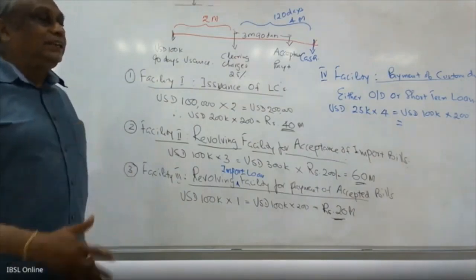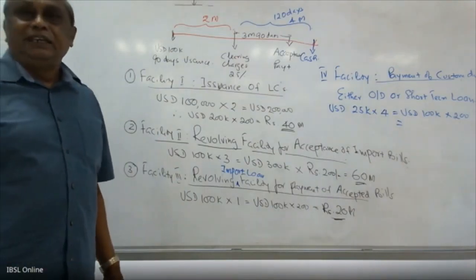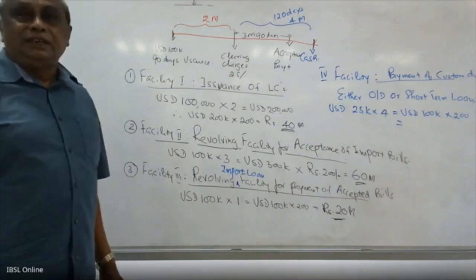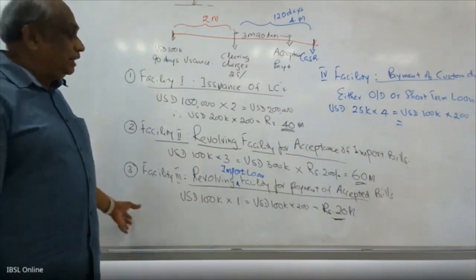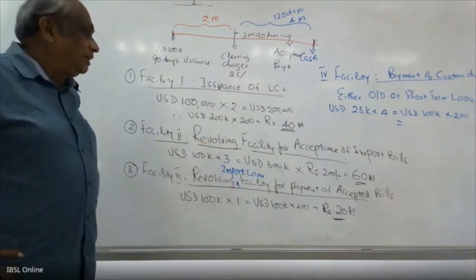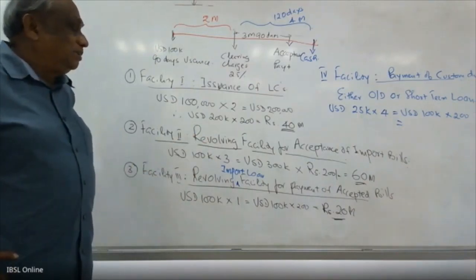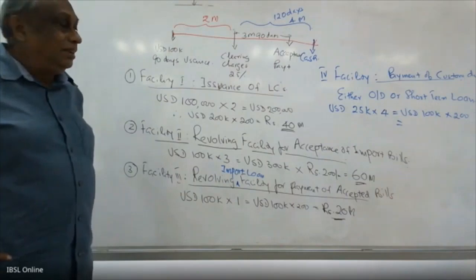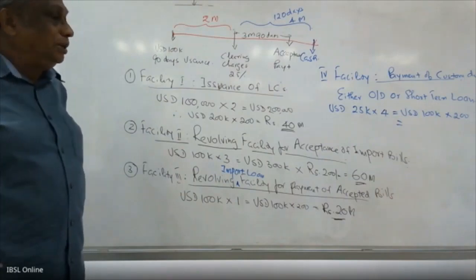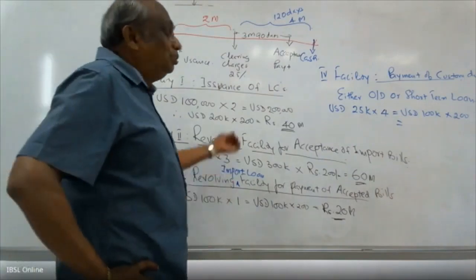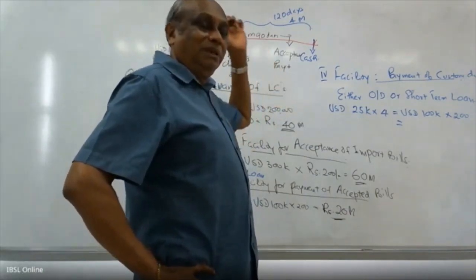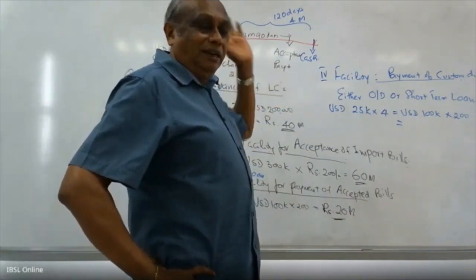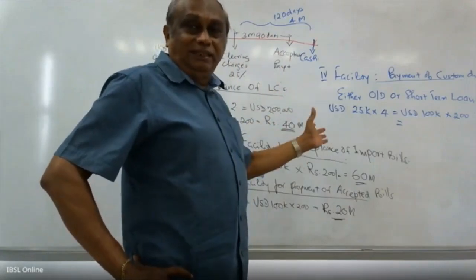Instead of taking cash cover. If you go for cash cover, how much do you have to give? You guys are doing about 100 times more than what we are discussing.